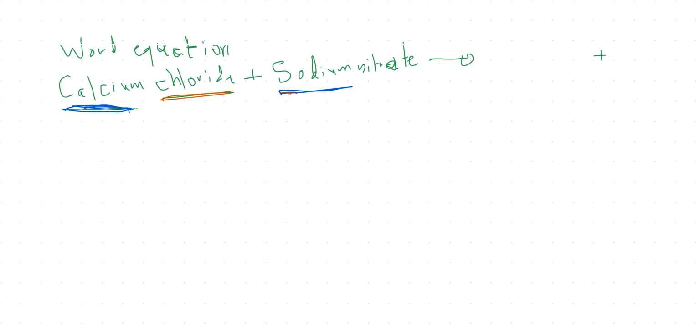From the periodic table. Yes, sodium, it's a metal. So sodium is a metal, and nitrate is a non-metal. Nitrate is a compound molecule, but it's polyatomic and it's non-metals for sure.